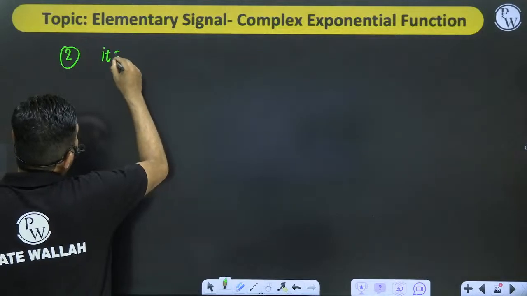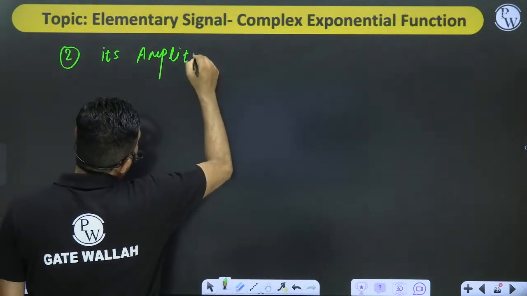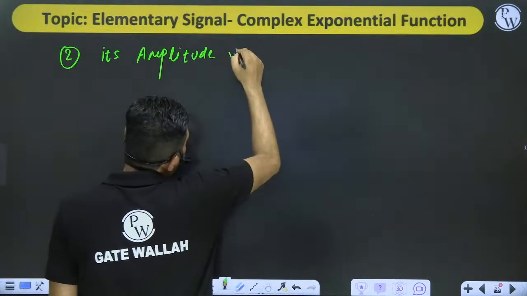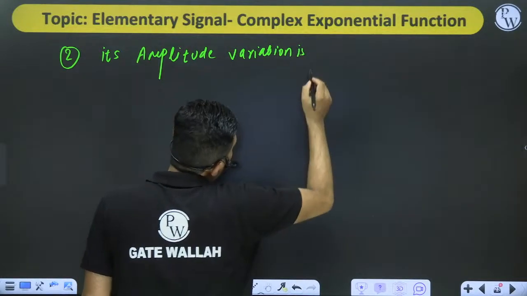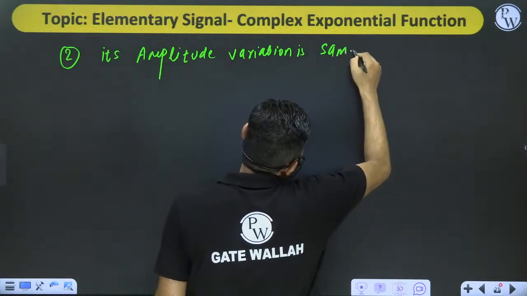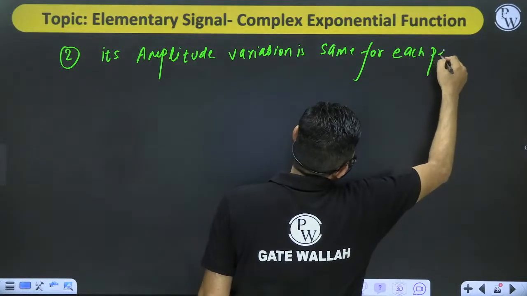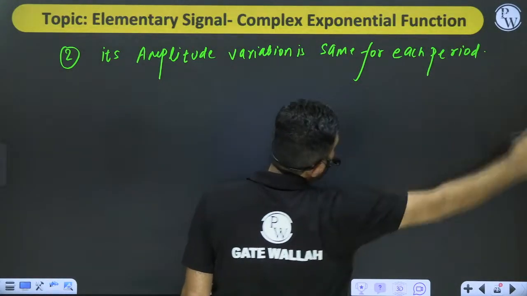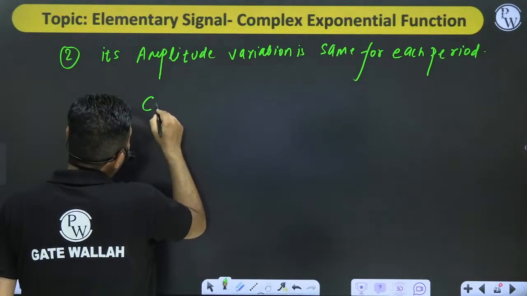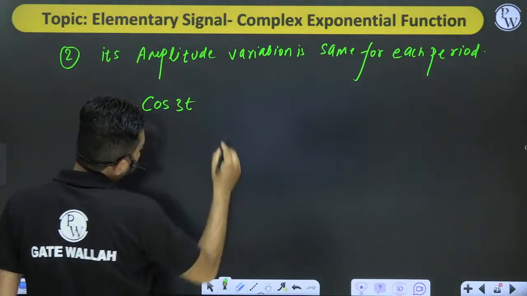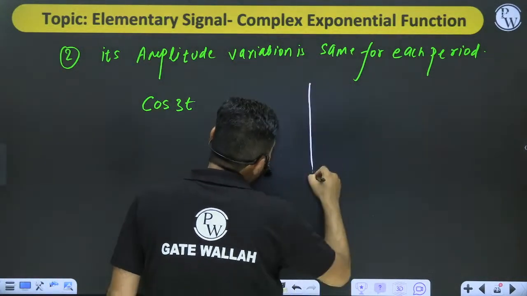Second remark is that its amplitude variation is the same for each period. What is the meaning? For example, if I am saying I have cos 3t, then you know what cos 3t is. The cos 3t is this function, see here.